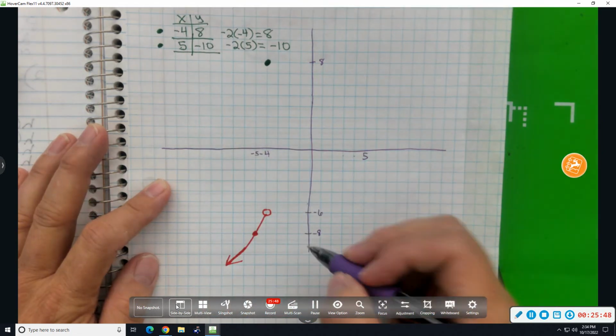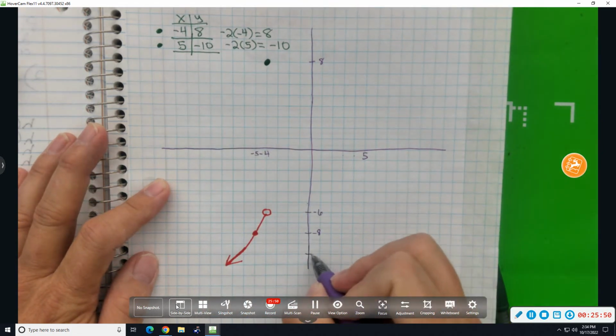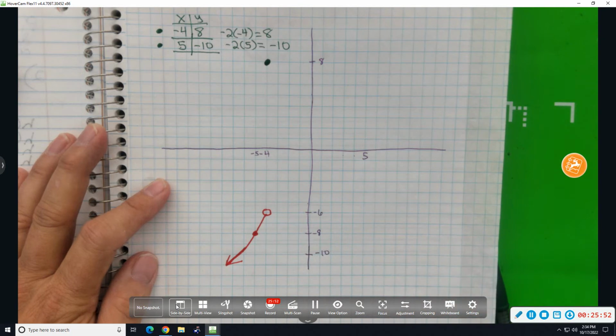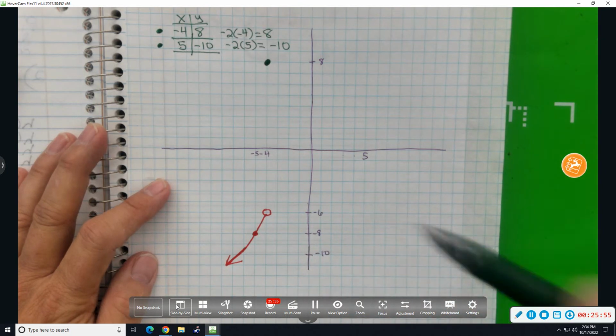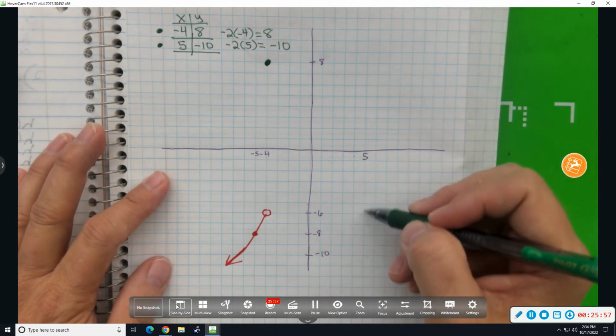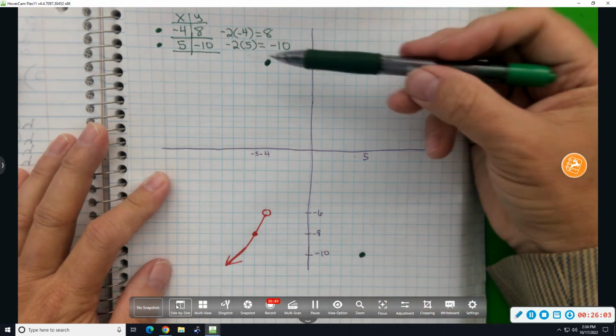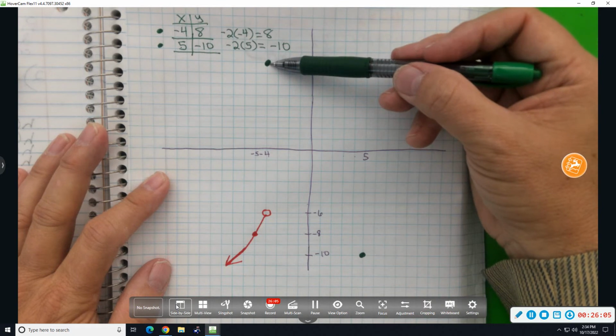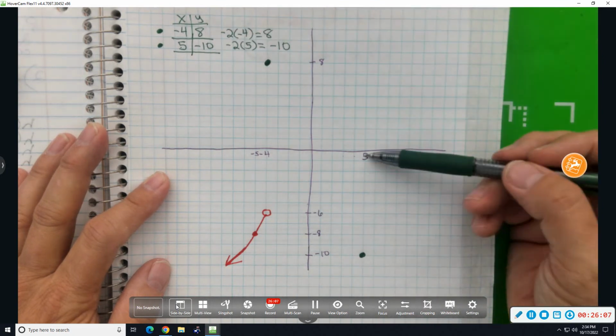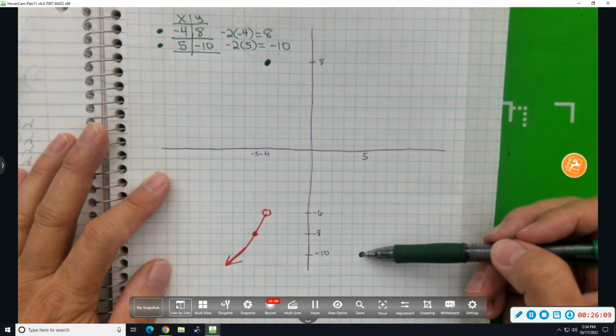Let me mark that. There's negative 10. So at positive 5, we're going down 10 units. Negative 4, positive 8. Positive 5, negative 10.